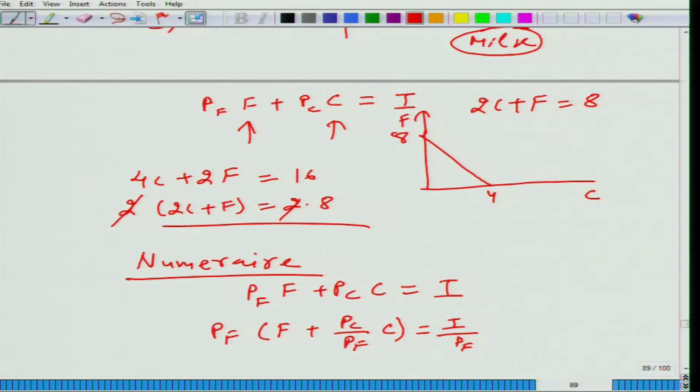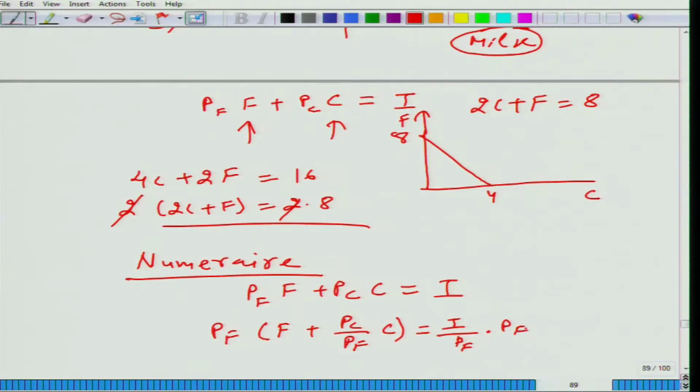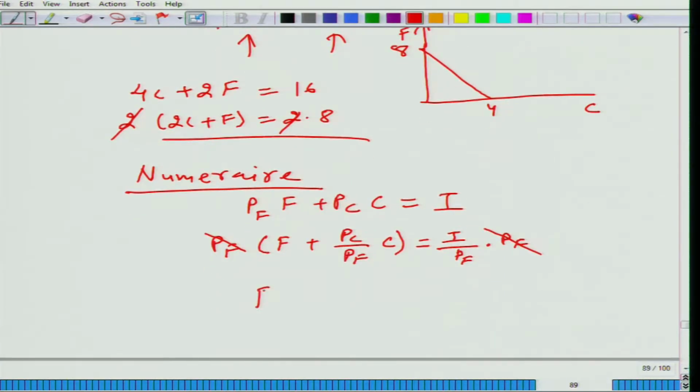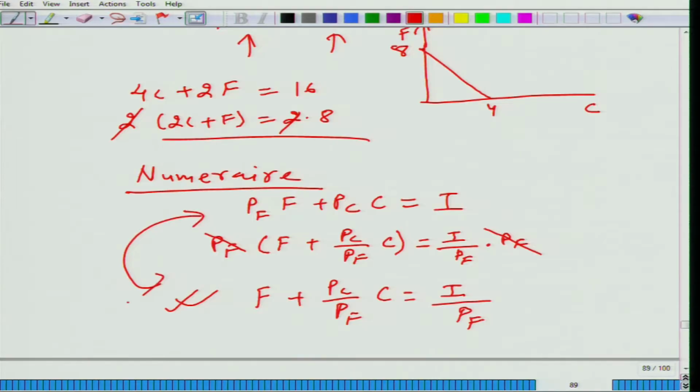I by Pf, multiplied by Pf, and then Pf will get cancelled. So what do we get? F plus Pc by Pf times C is equal to I by Pf. This equation is the same as the earlier equation, but what is the difference?